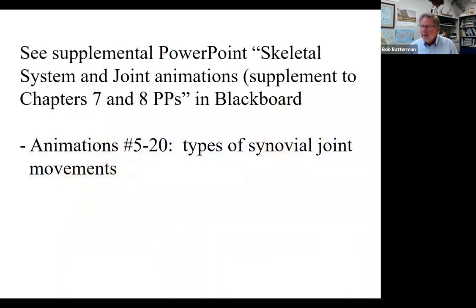Okay, there is a supplemental PowerPoint that I've posted in Blackboard, which has some descriptions of these various movements. I would give this a shot if you're interested in checking those out. Sometimes they seem to load for me fine here in the office, but when I do it at home, it doesn't seem to load.